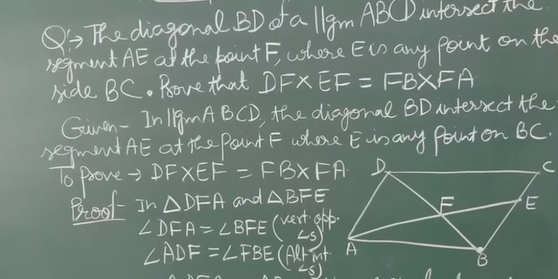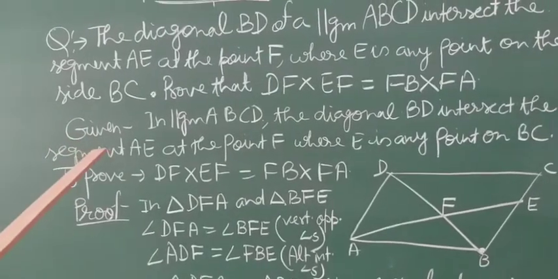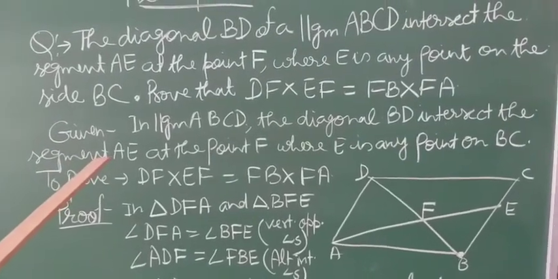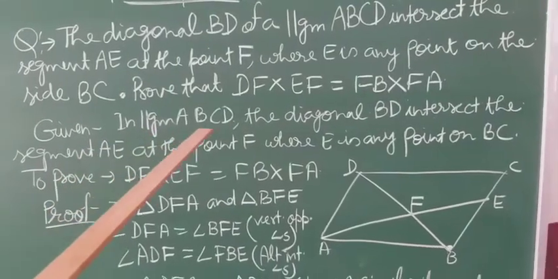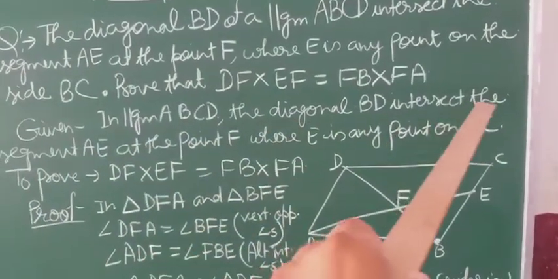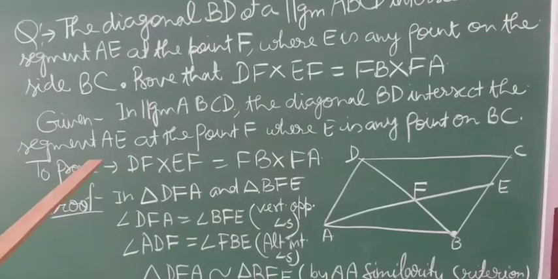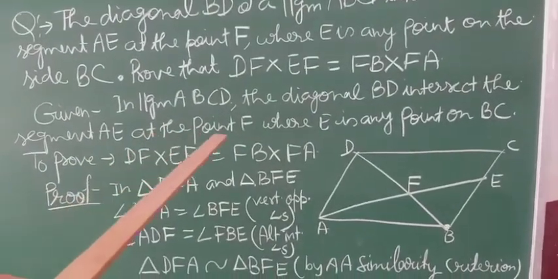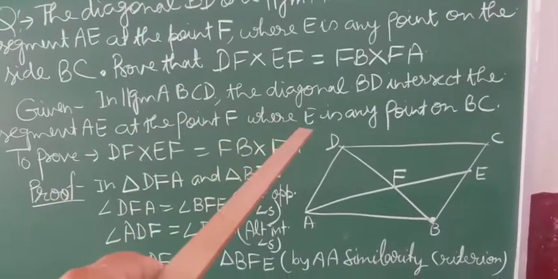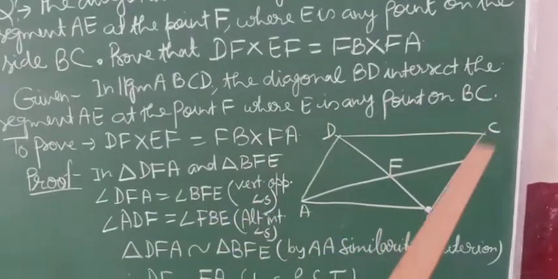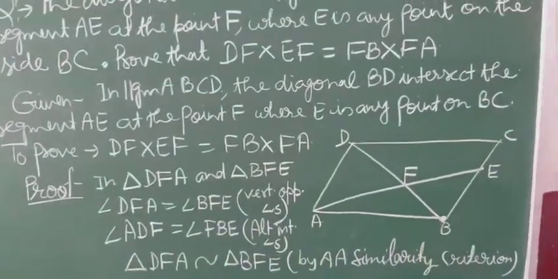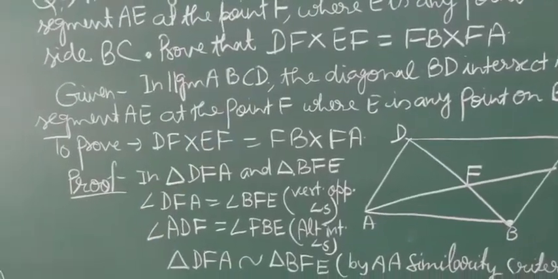So how can you prove? First of all, we have to write the given from the question. In parallelogram ABCD, the diagonal BD intersects the segment AE at the point F, where E is any point on BC.